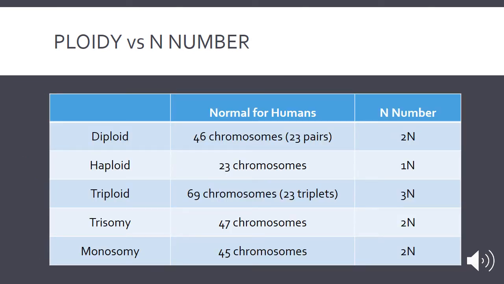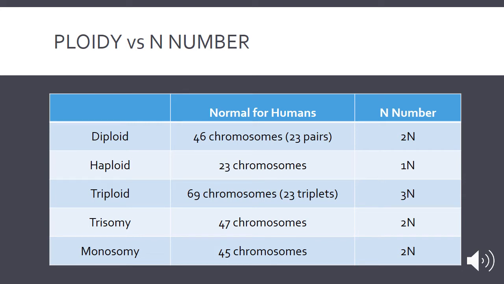If you're dealing with a diploid cell, you're going to have 46 chromosomes, 23 pairs of chromosomes, and the N number is on average 2. And then this table sort of goes through the N numbers and how they change with the number of chromosomes. Now, two things that are worth pointing out, okay? The N number is actually going to vary based on the stage, particularly in meiosis.